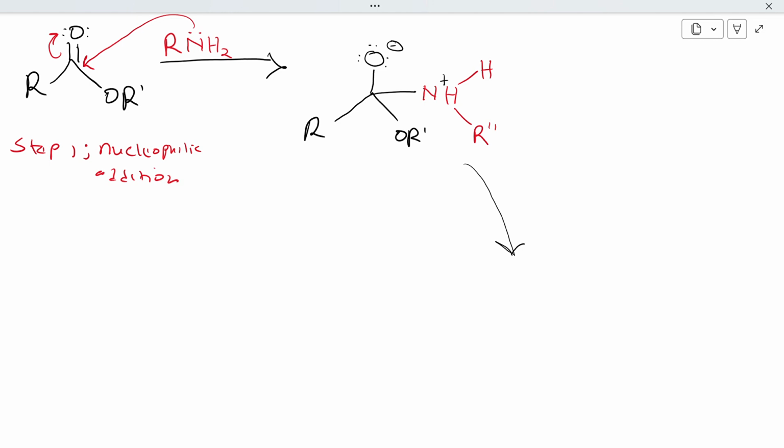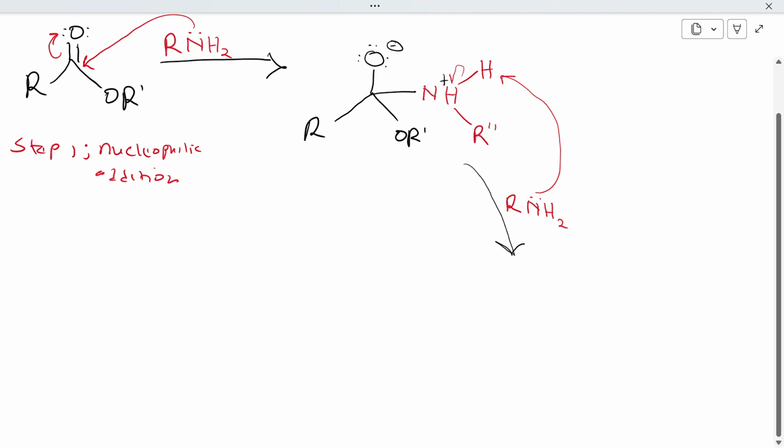What is going to deprotonate it is just the primary amine we still have, so it is going to be R NH2. The lone pair of electrons found here are going to attack this hydrogen.